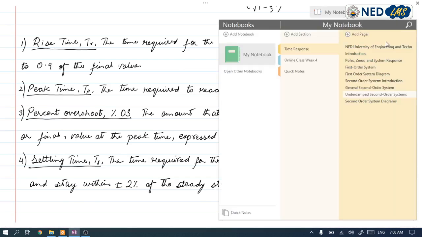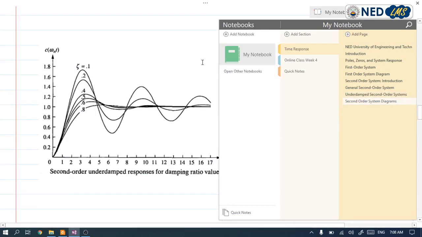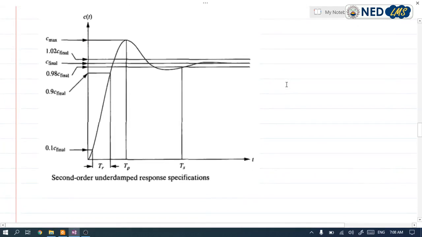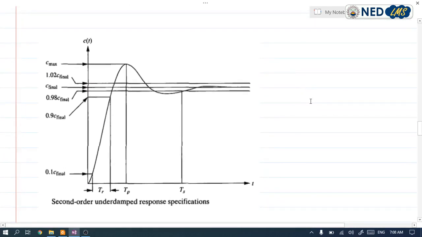So now we will look at their graphs. This is the second order underdamped response specifications. Here we can see that this is the point where our output is 0.1 of the final value, and this is the point where our output value is 0.9 of the final value.